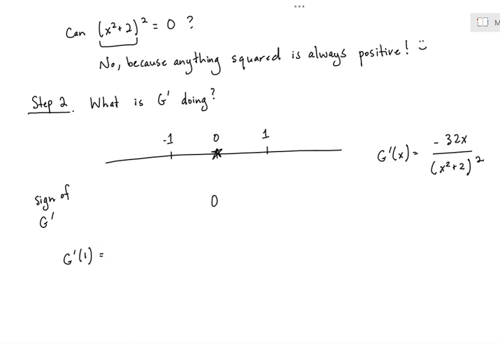I just like to pick the easiest number. So g prime of 1 is negative 32 times 1 over 1 squared plus 2 squared. So that's negative 32 over 9, which is negative. I don't actually care what the number is. I just want to know whether it's positive or negative. So over here on the right side, I have that it's negative.